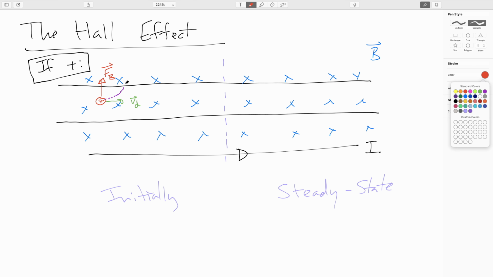So the mobile positive charge carriers would just crash in here. And similarly, you would end up leaving behind negative charges that were stuck in the lattice, because they're bound to the lattice, because we're assuming positively charged charge carriers are mobile.